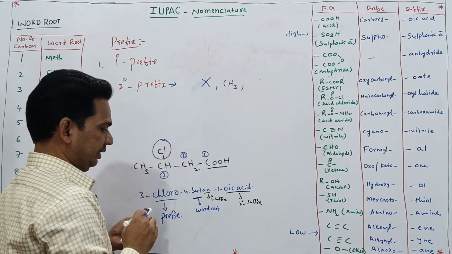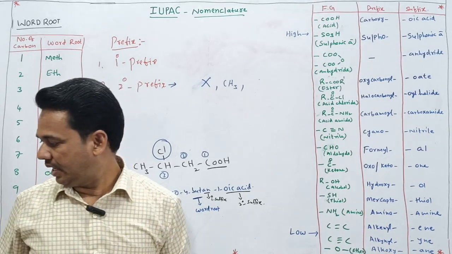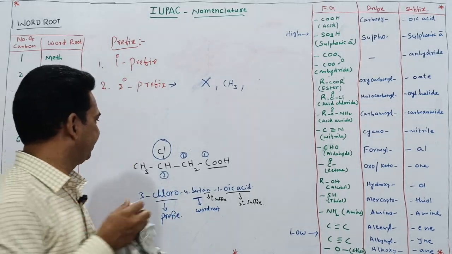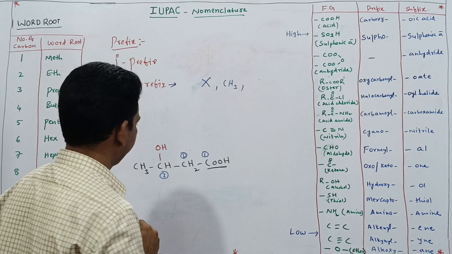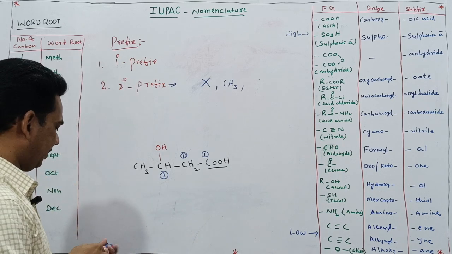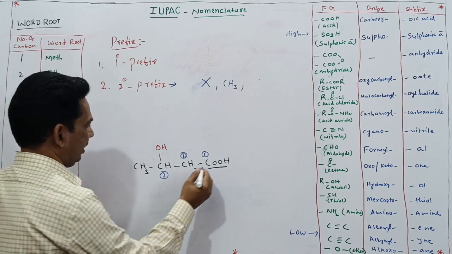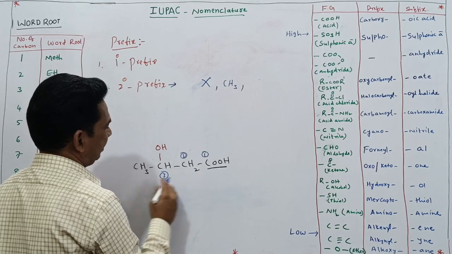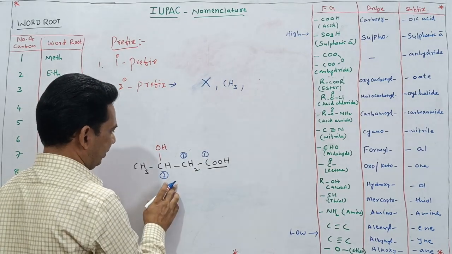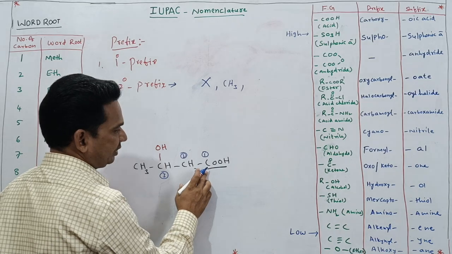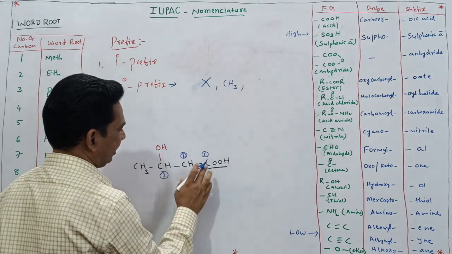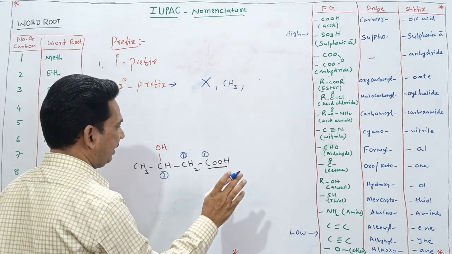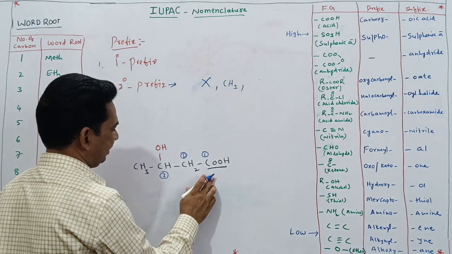Instead of halogen, I will write a hydroxy group here. Just see what happens. What is the name for this one? It has 4 carbons, that's why the word root is but. It is normal, it has single bonds, so it will become ane as the primary suffix.